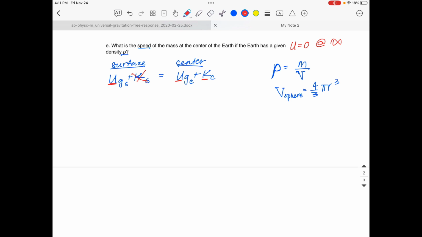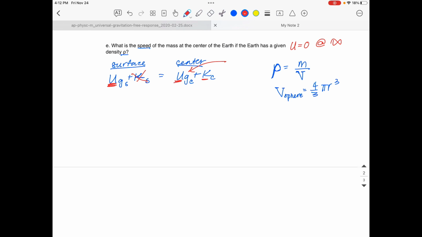Now, a lot of students wonder why we have gravitational at the center, and you have to keep in mind that we have a different equation for gravitational energy at the center versus gravitational energy at the surface. So the gravitational on the surface will not fully convert to kinetic energy. These are totally different equations.